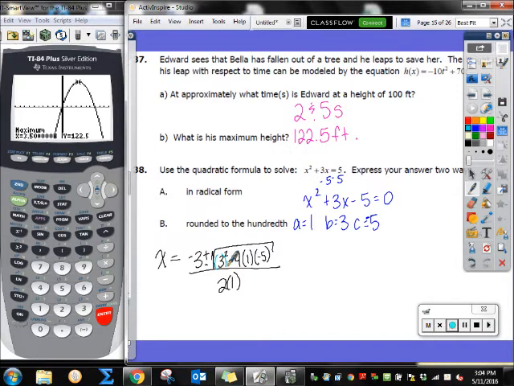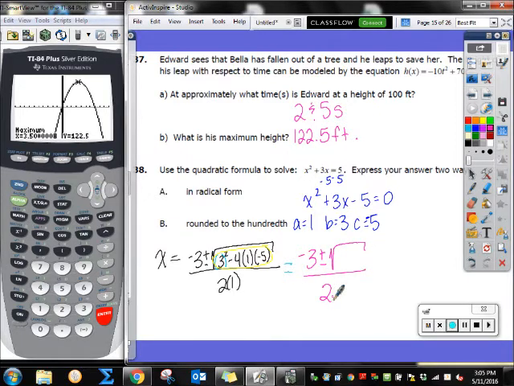Now, my recommendation, since you have to write this in radical form, is to put all of this in your calculator. So your next step would look like this. Negative 3 plus or minus, you're going to get a number under your radical, over 2.